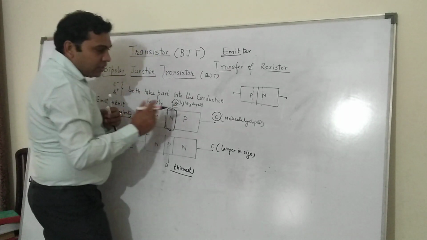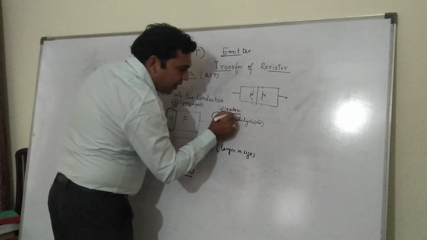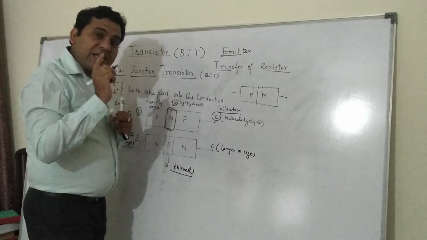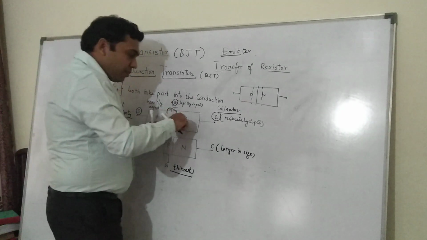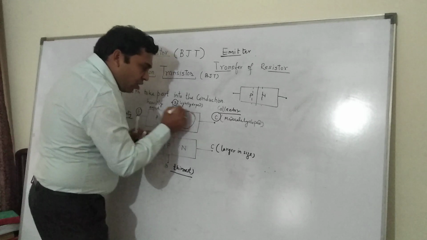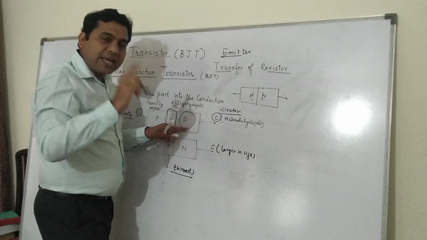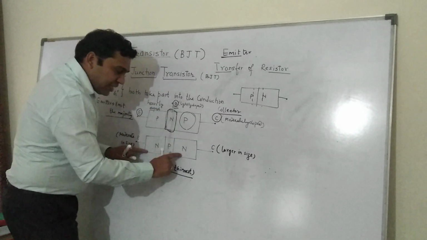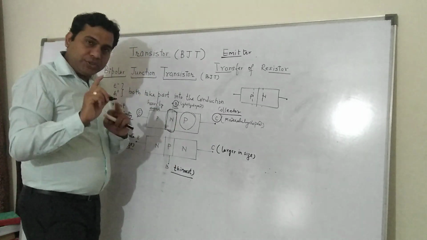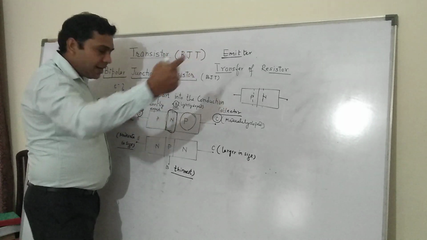Now this is the collector. The collector is basically to collect the majority charge carriers which are emitted by the emitter. So the working of this block is to collect the majority charge carrier. It can be holes, it can be electrons. If it is a PNP, it will definitely collect the holes. If it is NPN, it will definitely collect the electrons. So the emitter is to emit the majority charge carrier.